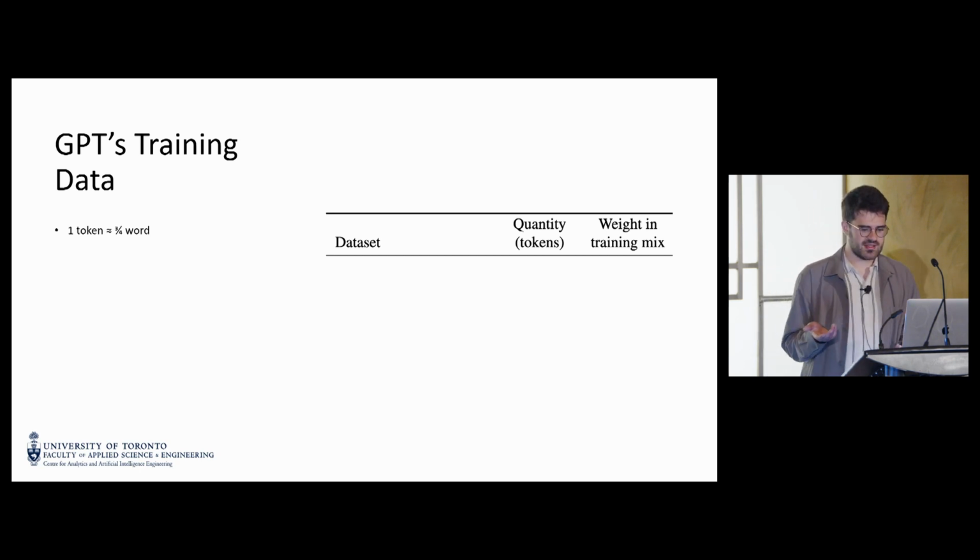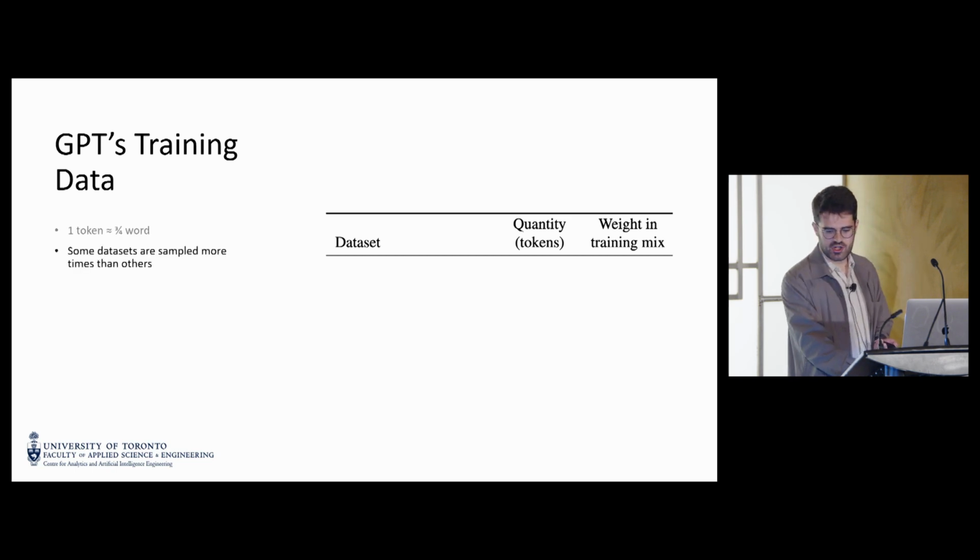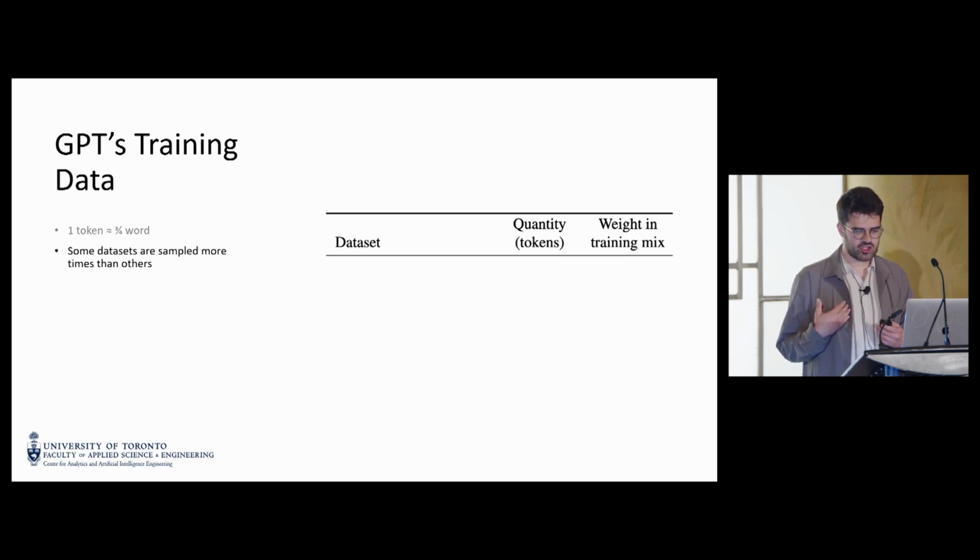A token is the smallest unit used by the model, and it corresponds typically to a little bit less than a word. The reason it's less than a word is that there can be some situations where a word is broken down, like for compound words or words that are gibberish. And then the term weight in training mix just refers to the fact that OpenAI shows samples from some of these data sets more often than it shows others.